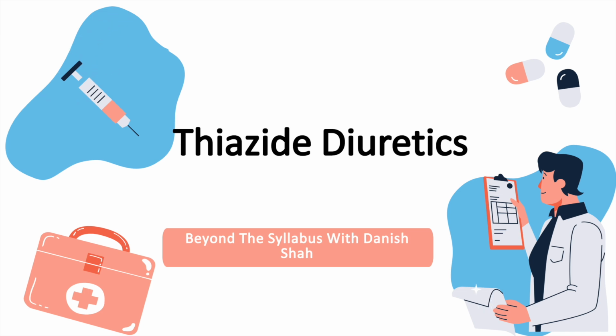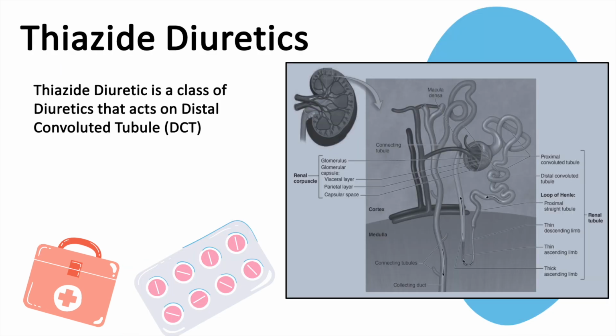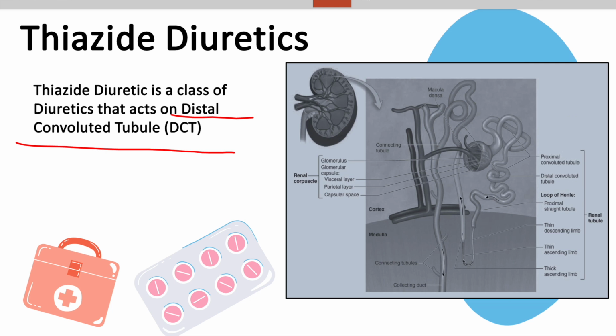So let's get started. Thiazide diuretics are a class of diuretics that act on the distal convoluted tubule. In the nephron, they act on the distal convoluted tubule.